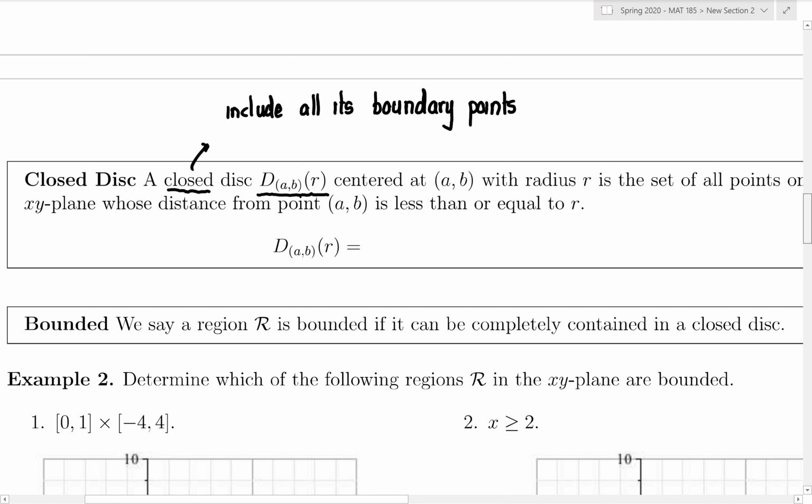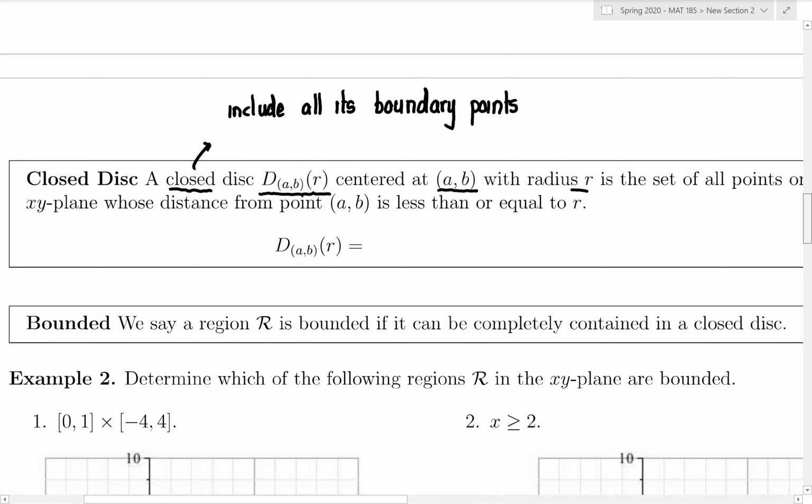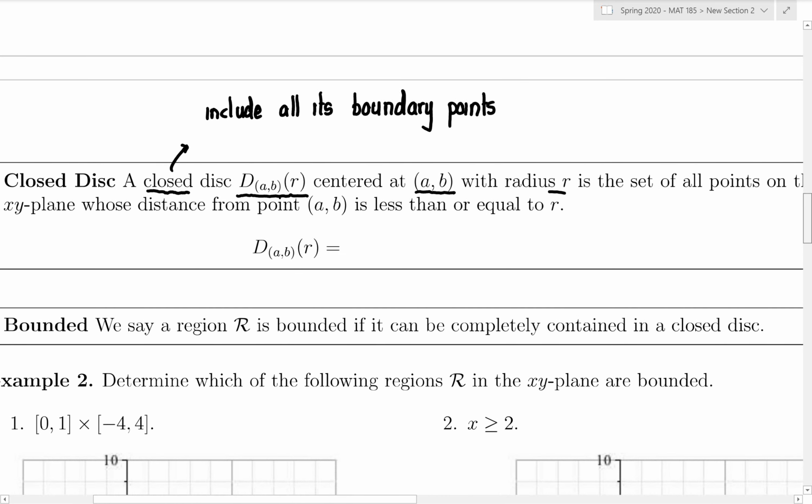The notation we're going to use is D(a, b), R, a closed disk centered at (a, b) with radius R. In other words, it's the set of all points on the xy plane whose distance from (a, b) is less than or equal to R.